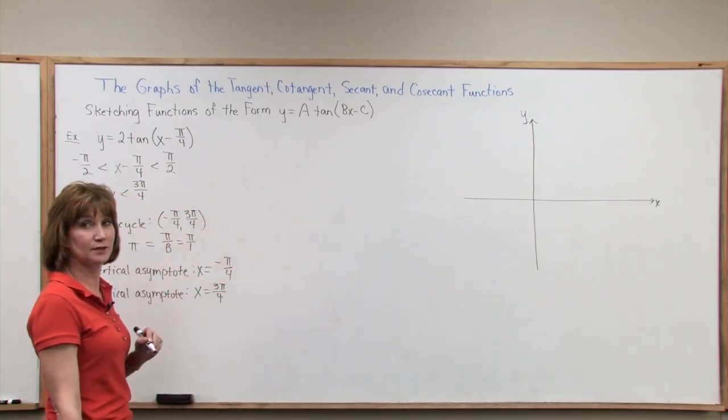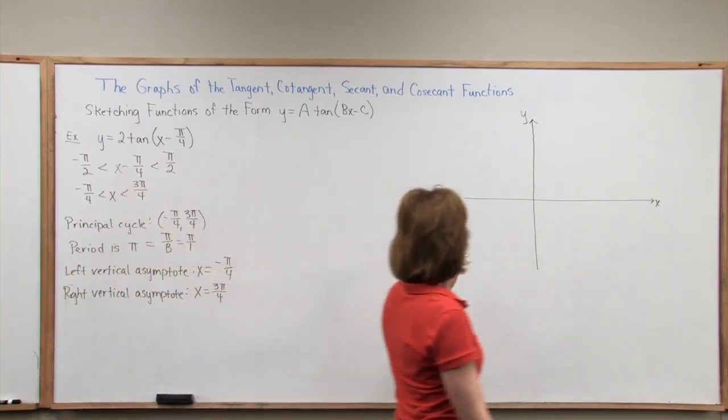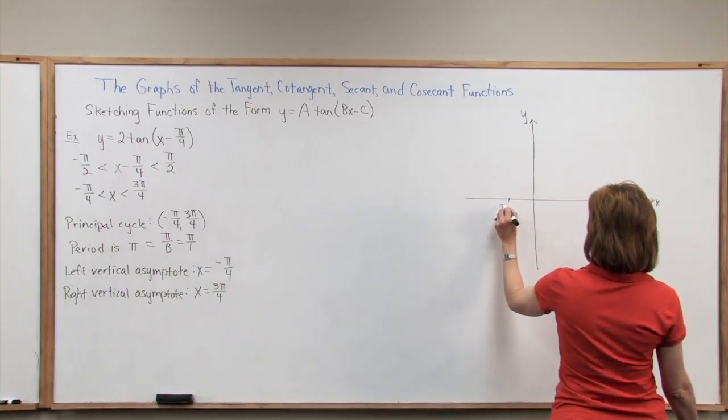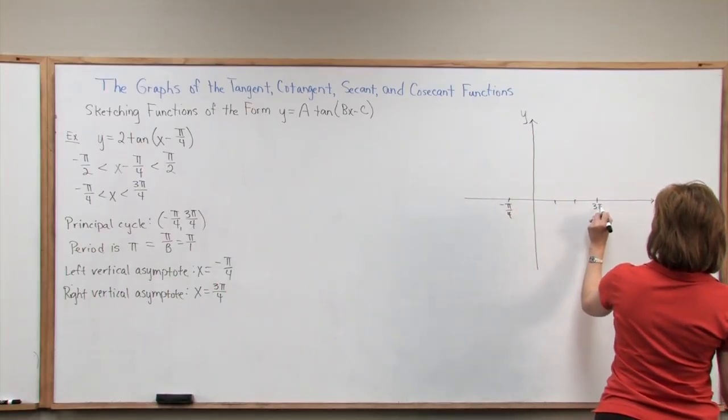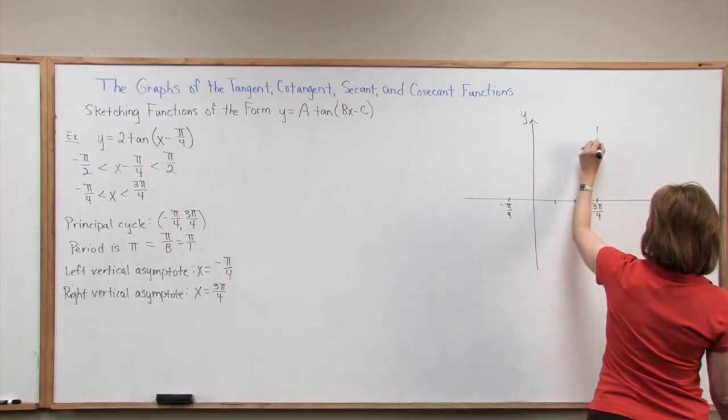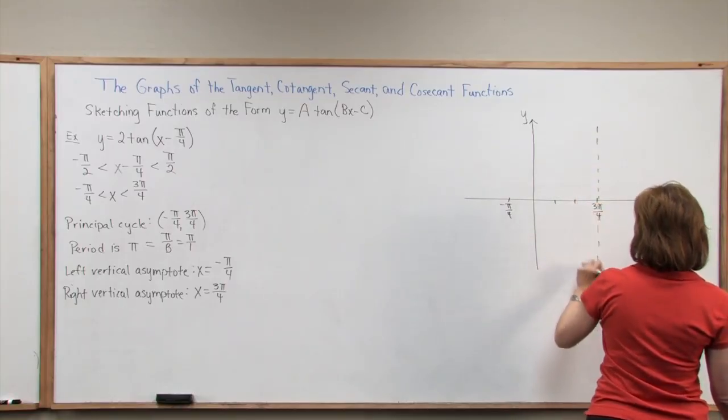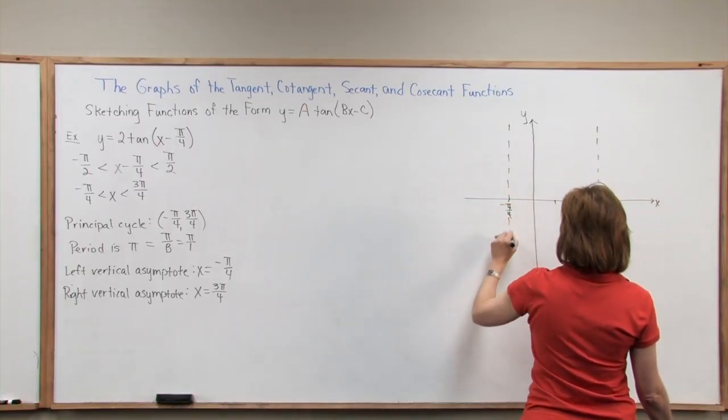So let's go ahead and put that on our graph. So let's see, we have negative pi over 4 and 3 pi over 4, and I know those are where my vertical asymptotes are.